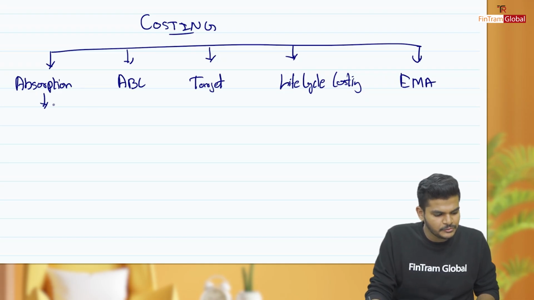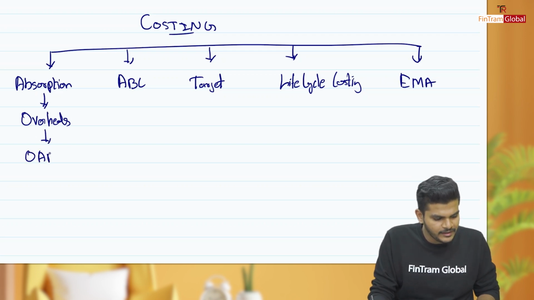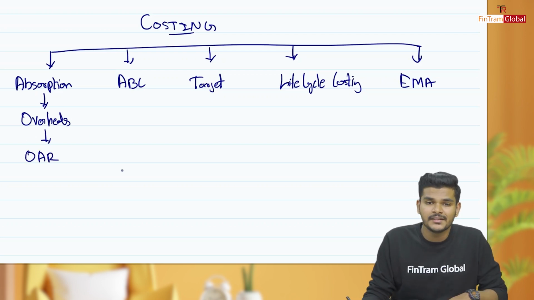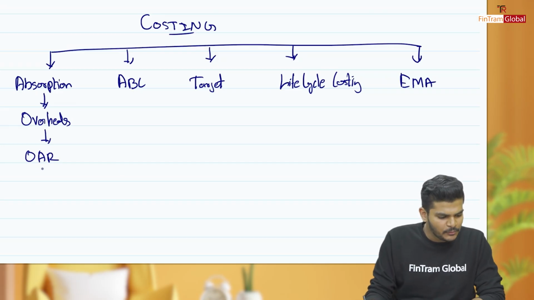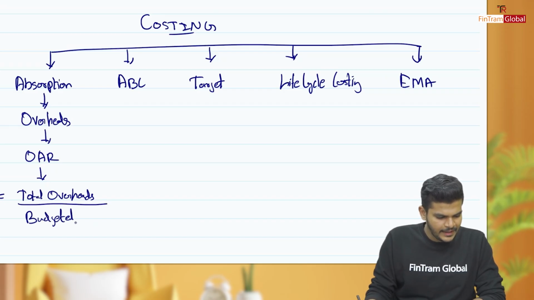So when it comes to absorption costing, we are dealing with allocating overheads. And how are overheads allocated? By calculating the OAR, overhead absorption rate. Simple as that. And how is the overhead absorption rate calculated? With the equation: total overheads divided by budgeted activity.